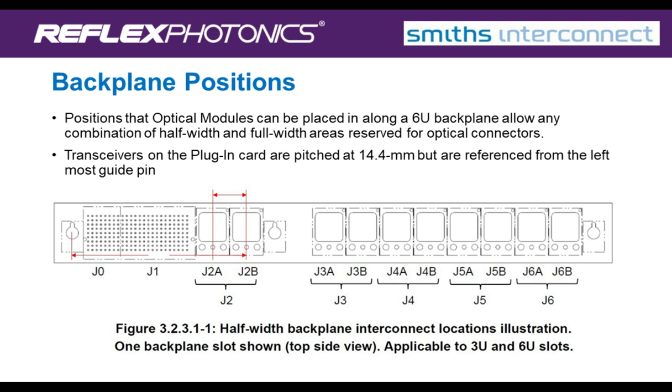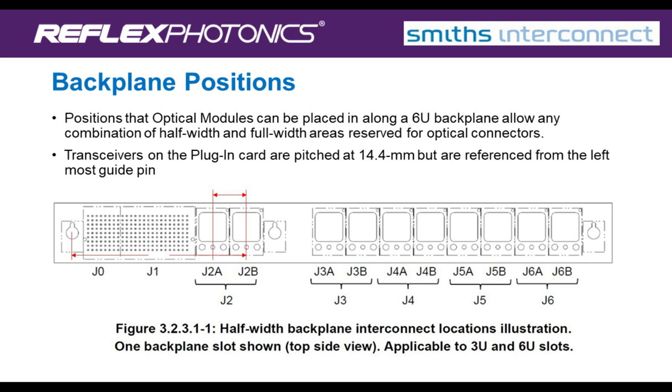I've only included the aperture of the 66.4, but basically it's just to try and describe where these apertures can go within a 6U backplane. Normally it's in the position, the J2 position for the 3U portion, and then the J3 to J6.